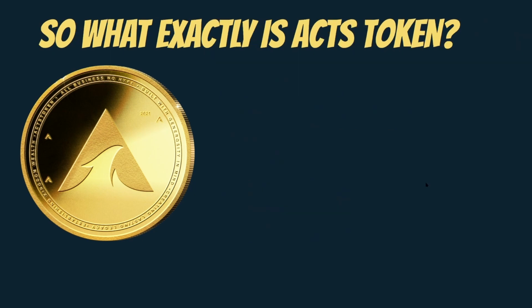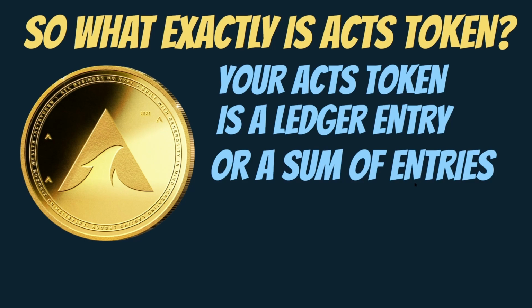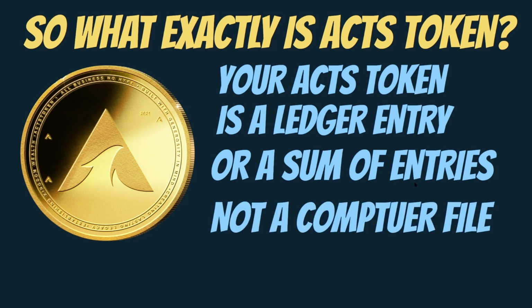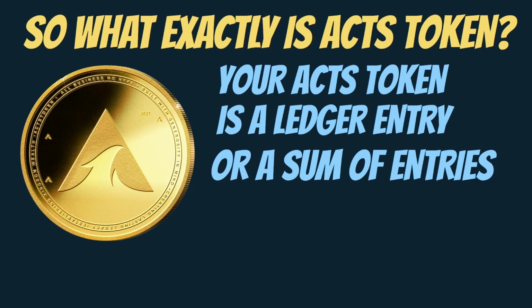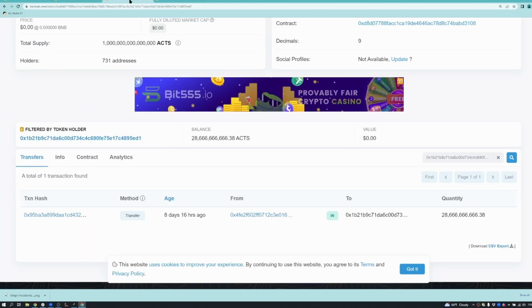So what exactly is it? Axe token exists as a ledger entry. All it is is a ledger entry like we saw in the transaction hash. Or sometimes it's a sum of entries. So let me explain what that means. I'm going to go back over here.